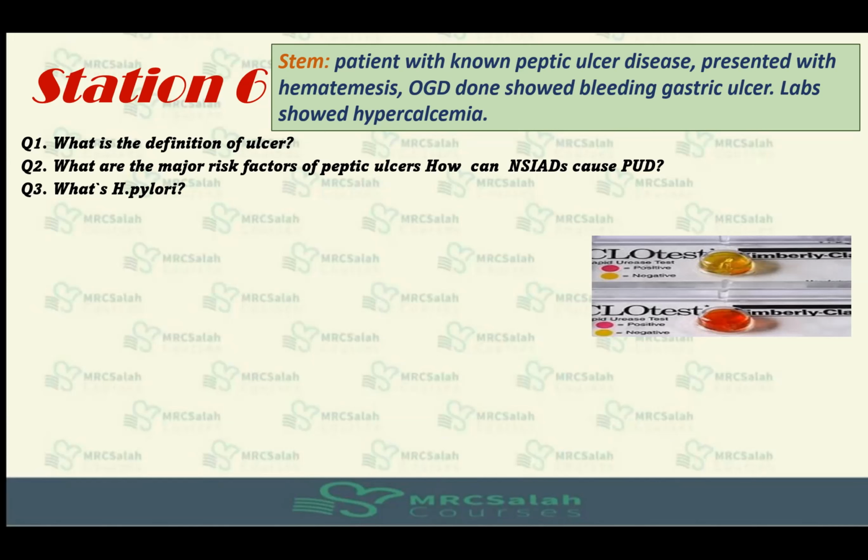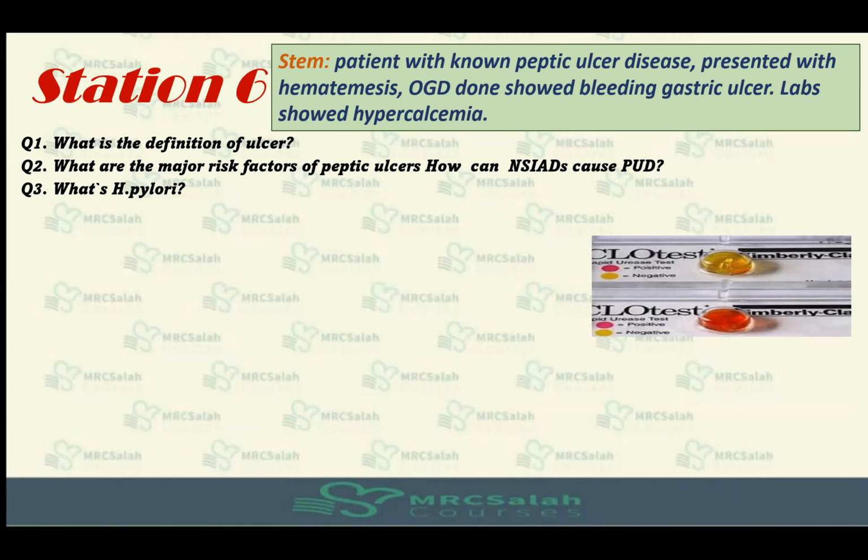Inhibition of the protective prostaglandin. How do they suppress prostaglandins? COX inhibitors, cyclooxygenase inhibitors. And reduction of blood supply, so interfere with the reparative power of a small defect or injury.